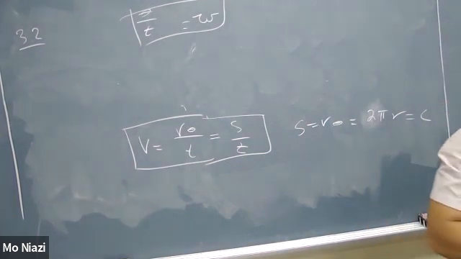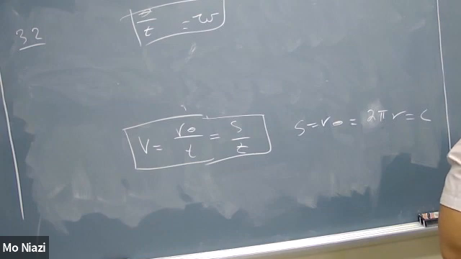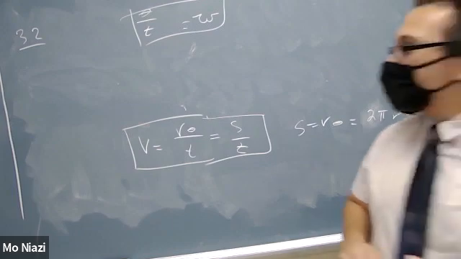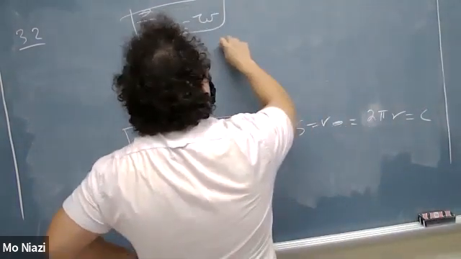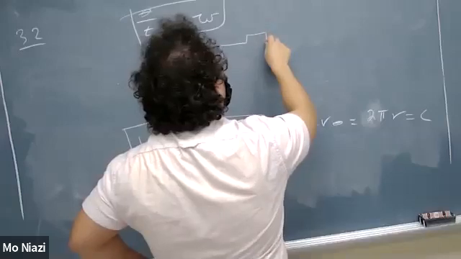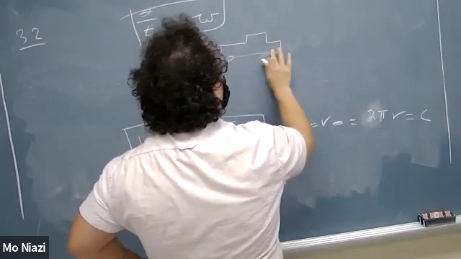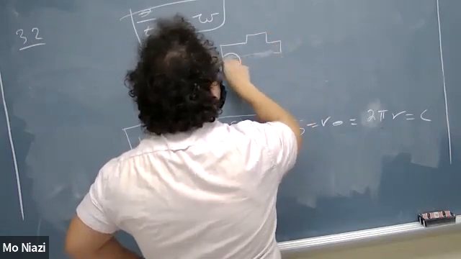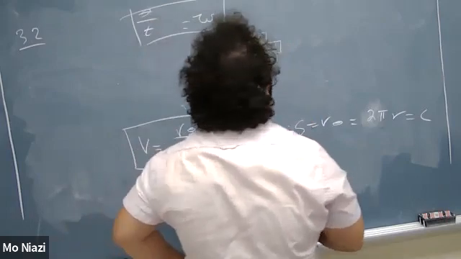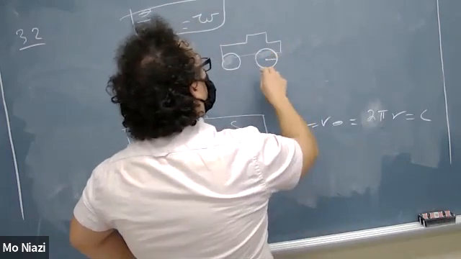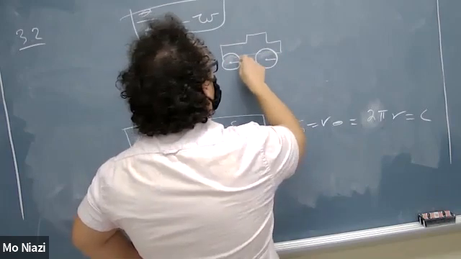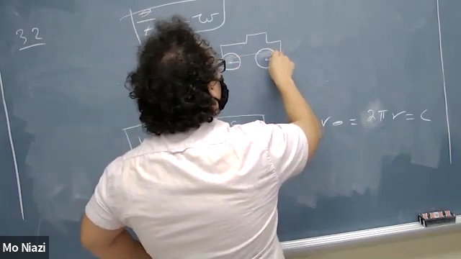So without further ado, let's say we got a car, and let's say it's a truck. I should make the wheels bigger because I need to talk about these wheels. Let's say the radius of the wheels is 3.